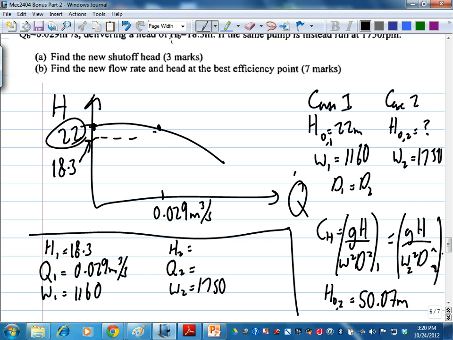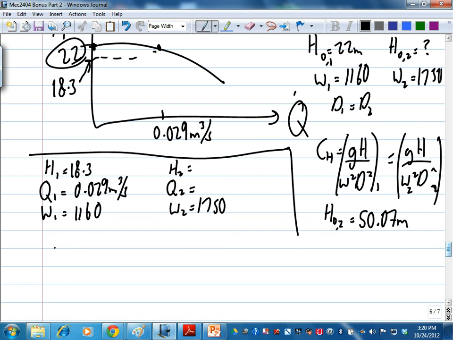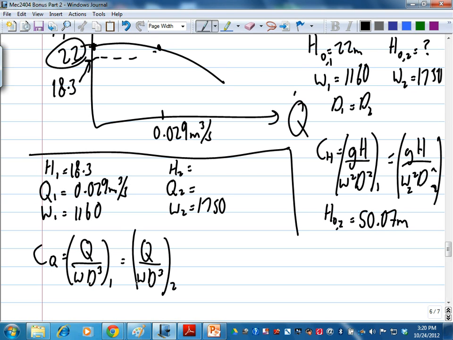Alright, H2 find the same way. What is Q? CQ equals to Q over omega D cube. So this for 1 equals to this for 2. Okay, so you can calculate that. So same, D1 equals to D2.